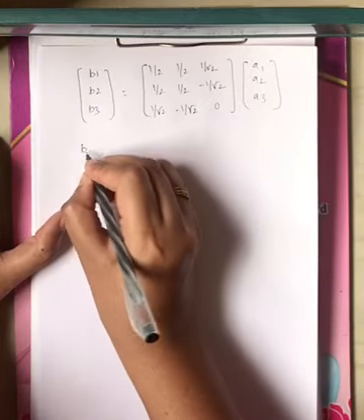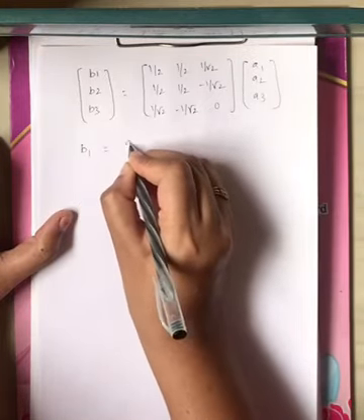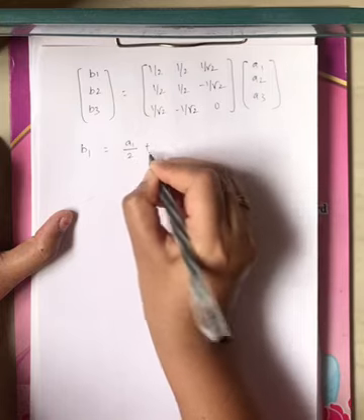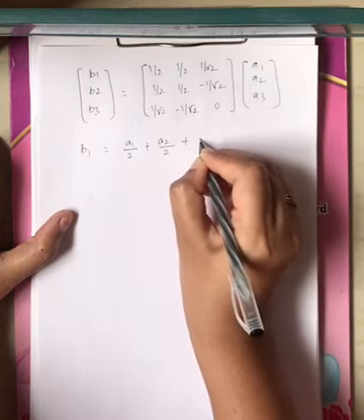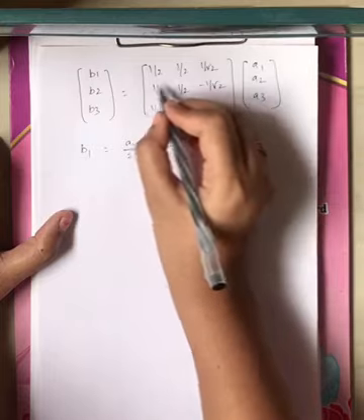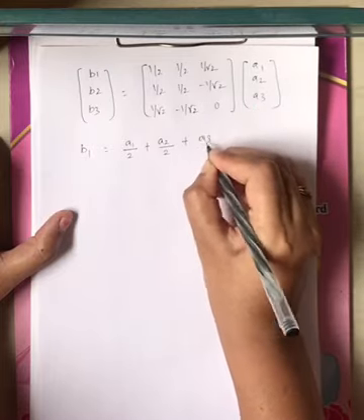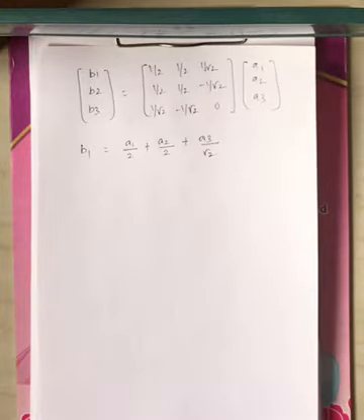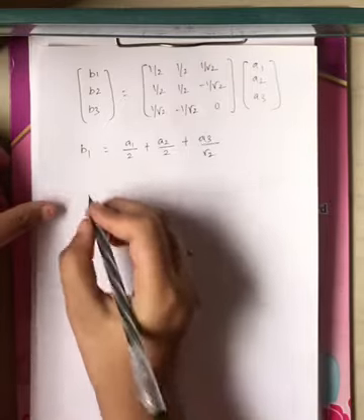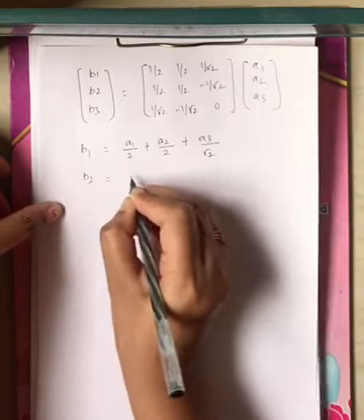Now if I multiply S with A, B1 is nothing but A1 by 2 plus A2 by 2 plus A3 by root 2, right? Now what is B2?